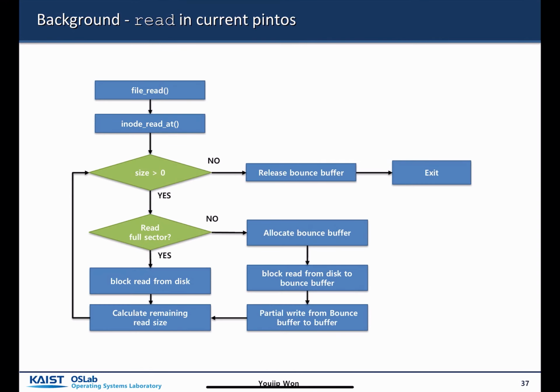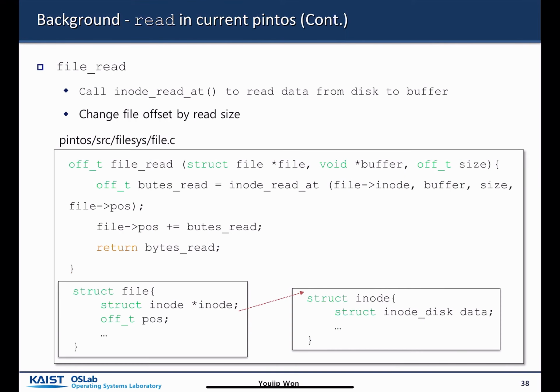Okay, so next we're going to explain the read. This is the read of the current Pintos. It reads from the disk, and if it's a partial read, then it allocates a bounce buffer and reads part of that. This is the code for file_read. It gets 3 parameters. The first one is a pointer to the file.